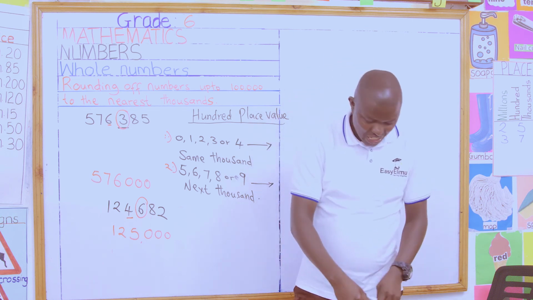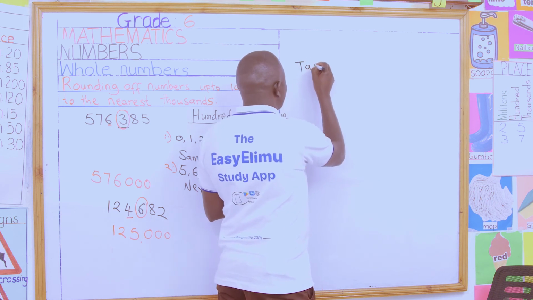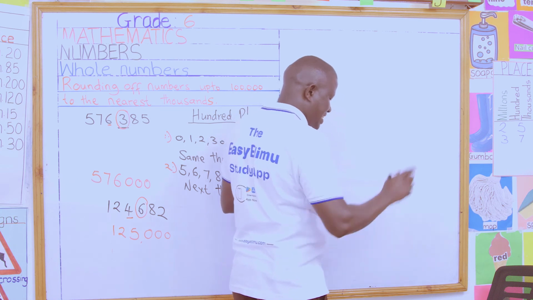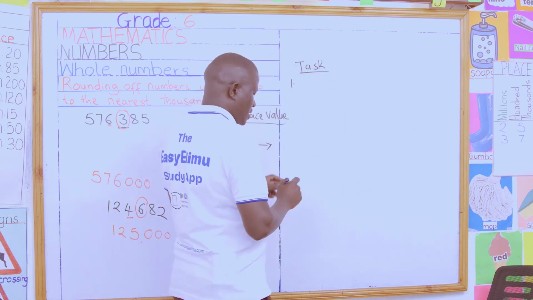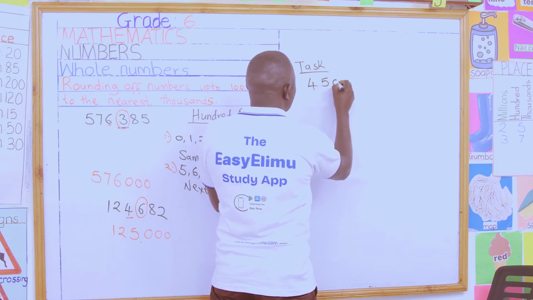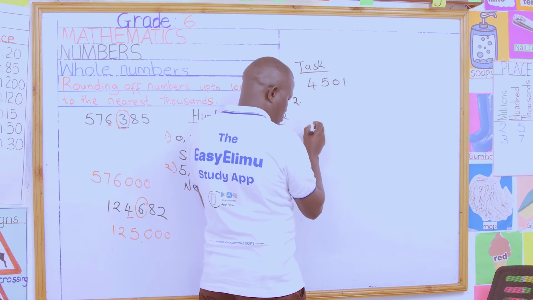With this, let us try the following task. Round off the following numbers to the nearest thousands.